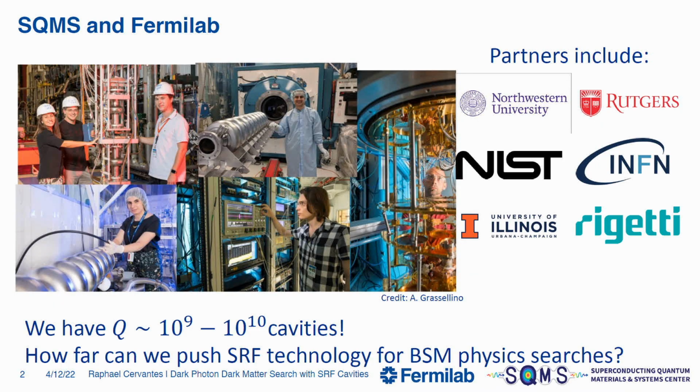At Fermilab, we are experts at superconducting cavities with Qs of 10^9, 10^10. They come from the accelerator world, and we're trying to see if we can transfer that technology to axion and dark matter searches to improve the sensitivity and the scan rate of these searches.